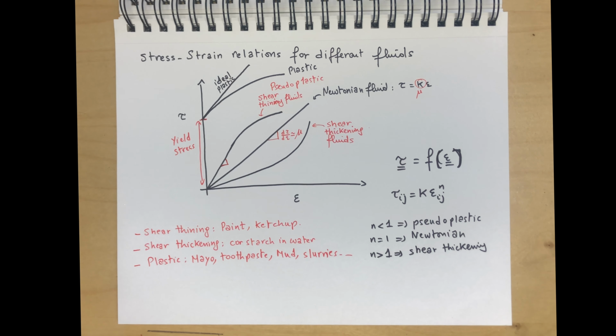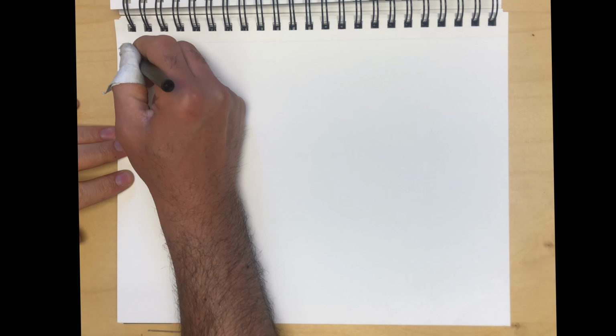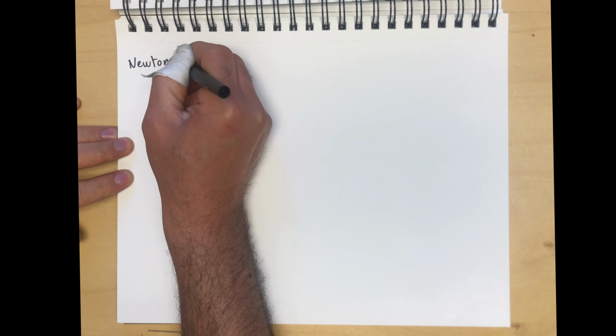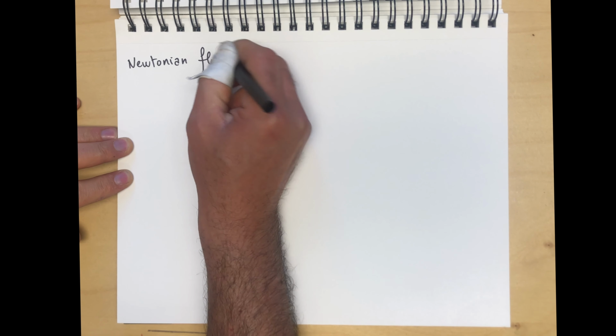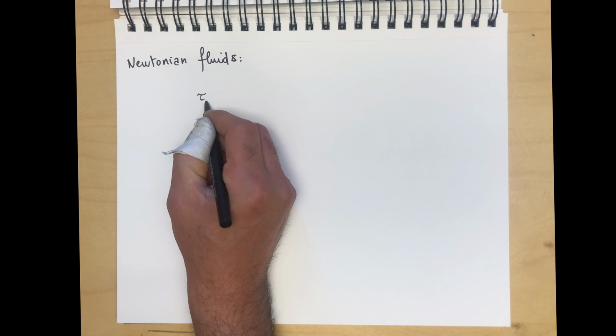But in this course right now, we're going to be primarily dealing with Newtonian fluids. So let's get back to that. For Newtonian fluids, from linear elasticity and some observations for the relation between tau and epsilon, there is a general form that I'm just going to spit out for the stress tensor that relates the stress tensor to epsilon and then directly to the velocity field, and that is given by the standard Newtonian stress tensor.